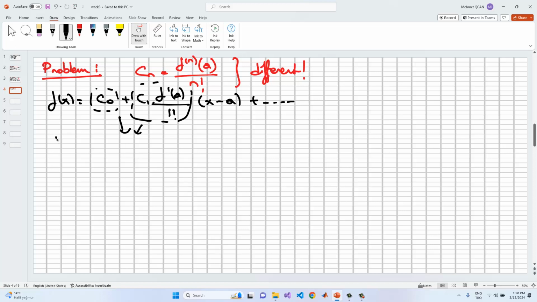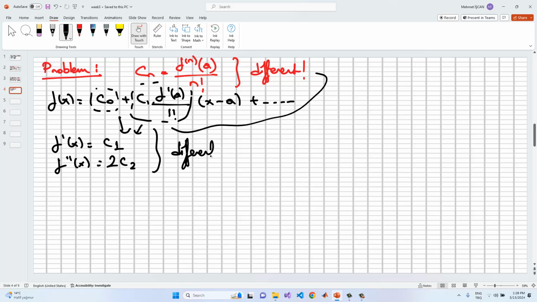And also, if we take the derivative of this term, we have c1, or in the second derivative of this term, we have 2c2. And so these coefficients are always different, guys. This is a problem. But why?